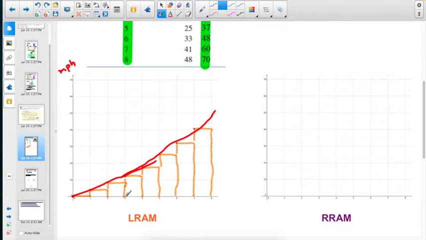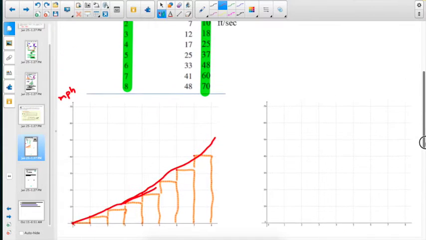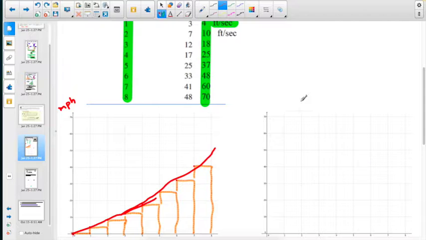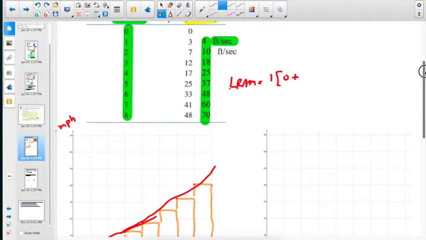All of those left rectangles start with the first point and go to the second to the last point, basically. So those rectangles, all with a width of 1 second, that LRAM looks like 1 second times the first rectangle, which is 0. The second rectangle, now I'm going to grab the feet per second.